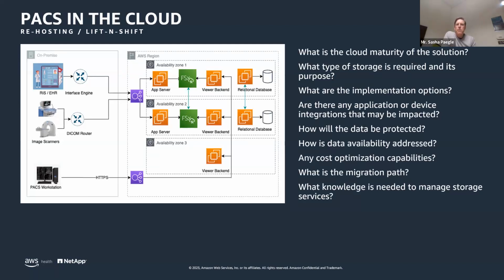And one of the ways that you can start to think about this is in terms of the different criteria or different categories to evaluate, in terms of how images are stored for this particular solution. So already here, you might want to ask, is this a lift and shift or a cloud native solution?